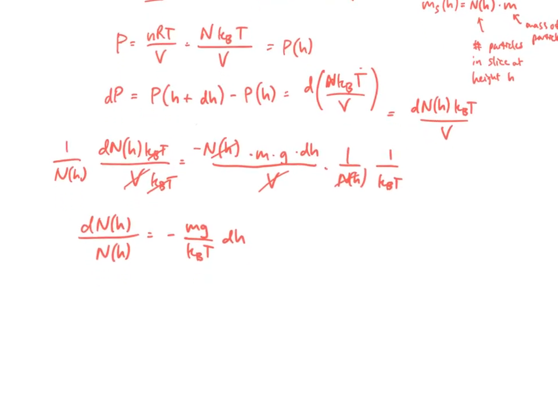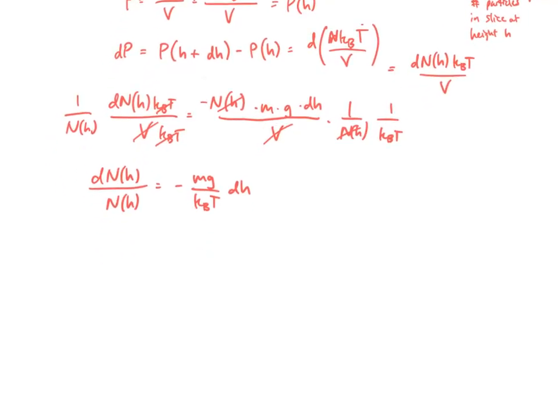All right, this is a differential equation, and it's one of the more approachable types of differential equations that can simply be solved by taking an integral of both sides.